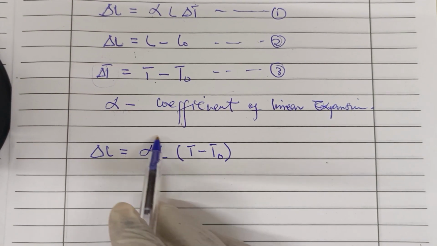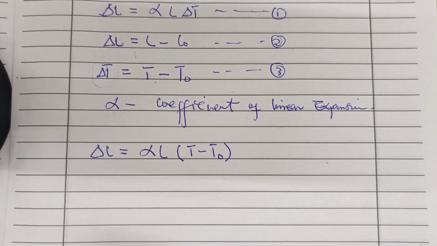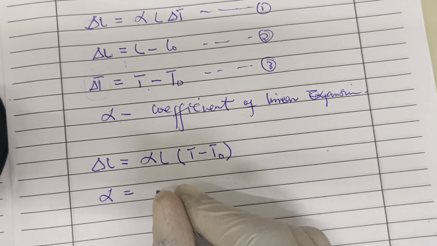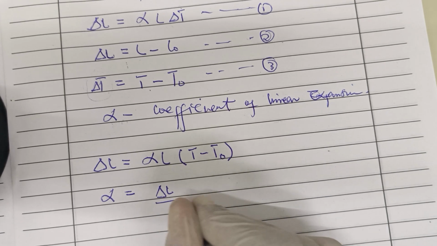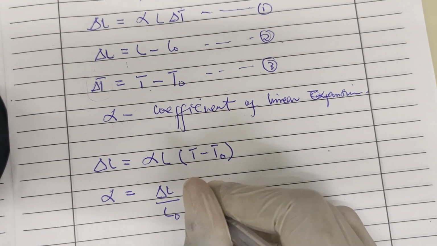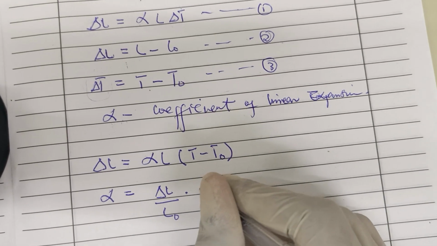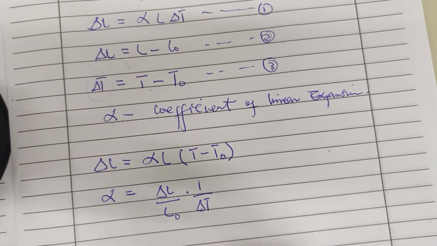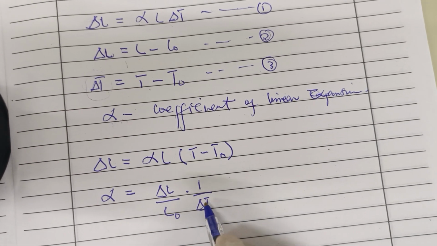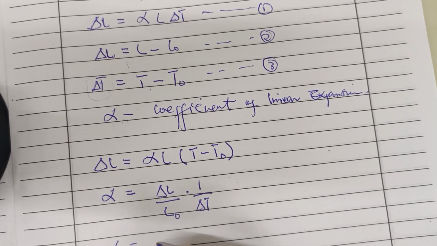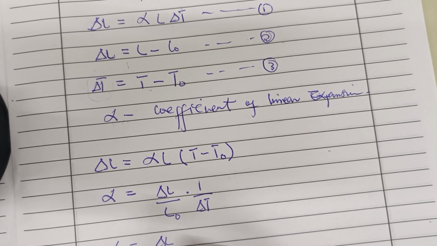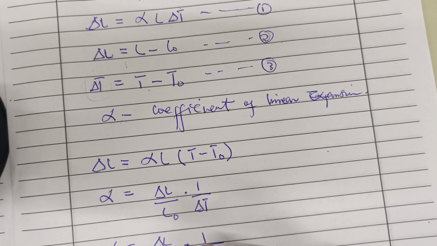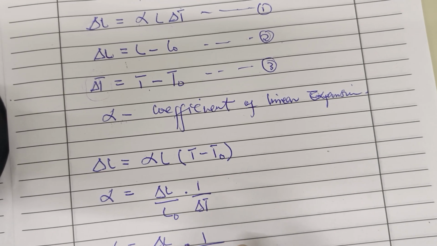Now we can make the linear expansion the subject. In doing that, we arrive at change in L on L naught times 1 on change in T. But mind you, we substituted this into this, so in replacing it, we have change in L on L naught times 1 on T minus T naught.